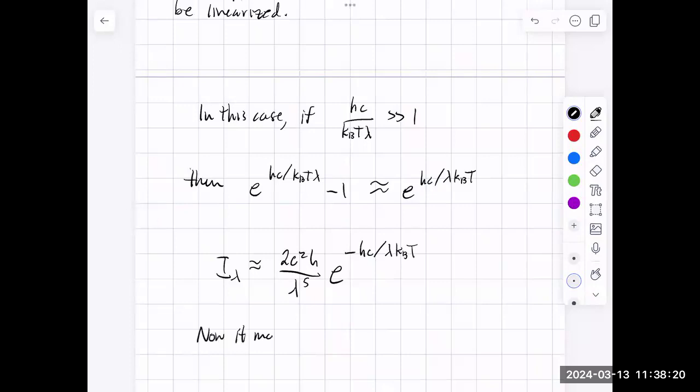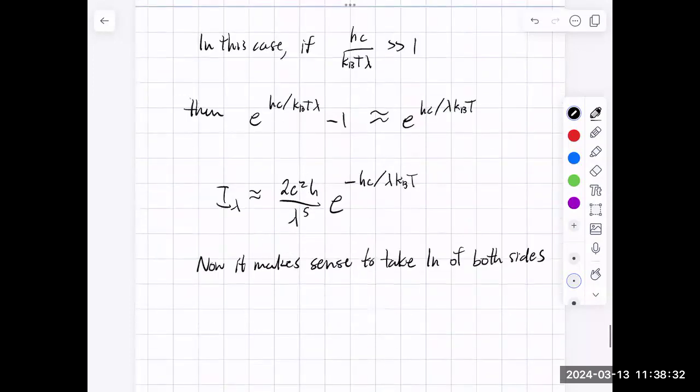Now, it makes sense to take the ln of both sides. So we'd have the ln of the intensity is approximately equal to the ln of all of those constants, and then we would end up with minus hc over lambda kB, and then I'll write it as 1 over T, like so.